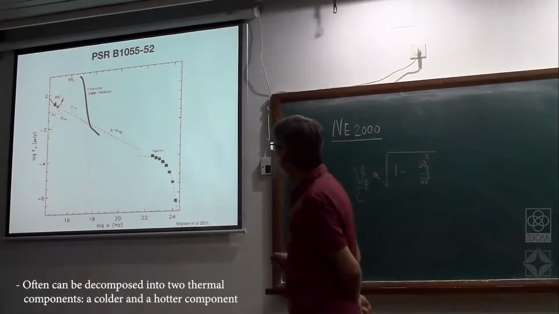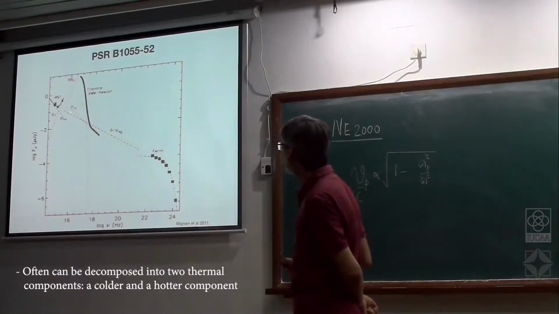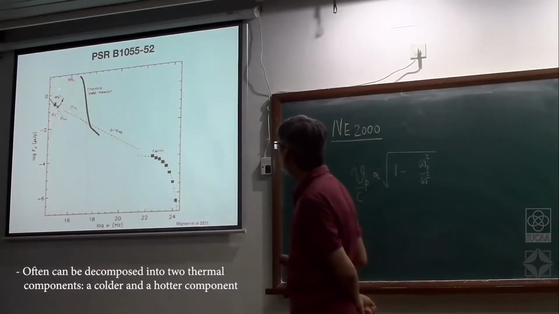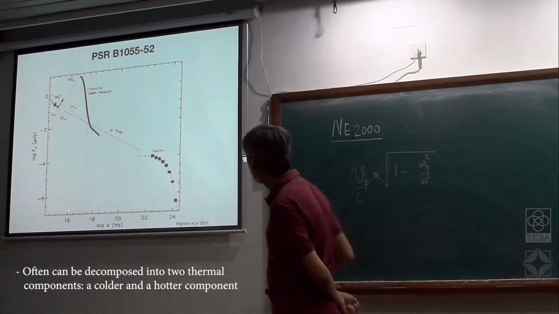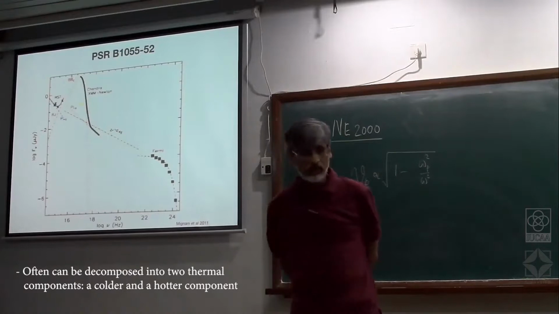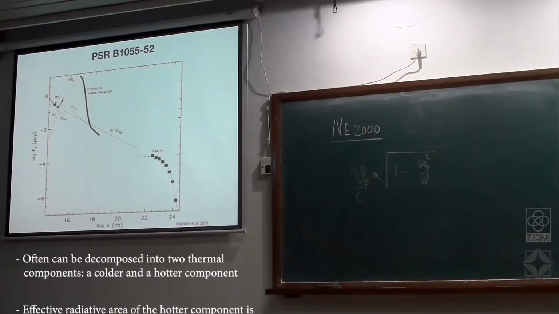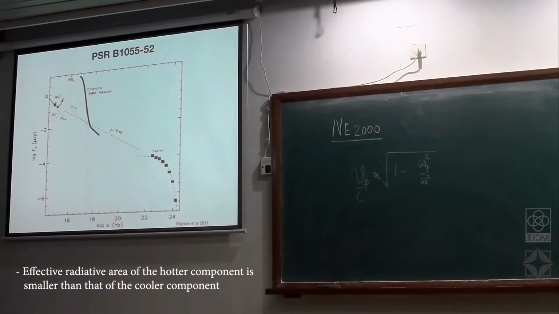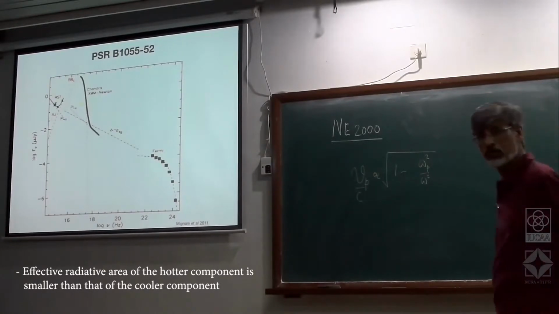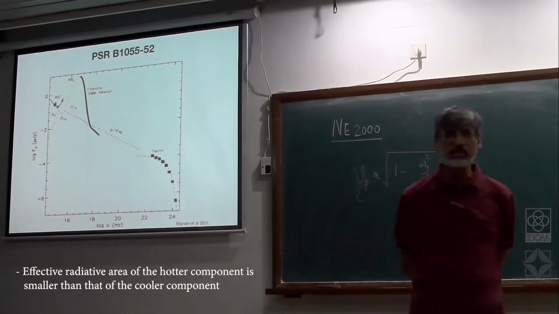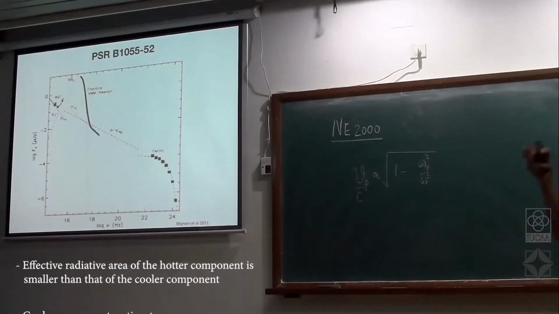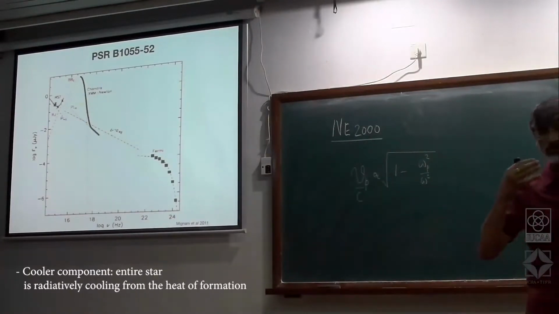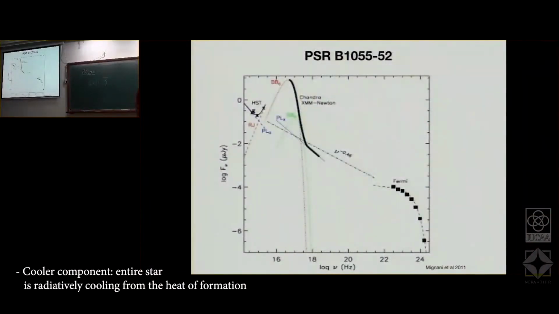Now people have tried to decompose this thermal emission, trying to model it into two components. One is a cool component, that is somewhat lower energy, and there is a hot component. Again, the projection doesn't seem to show it very well, which is here. And the net radiative area of the cool component is much larger than that of the hot component. So the model is that the cool component is like the entire neutron star cooling down since its birth.